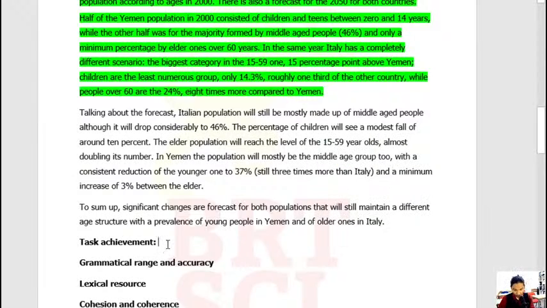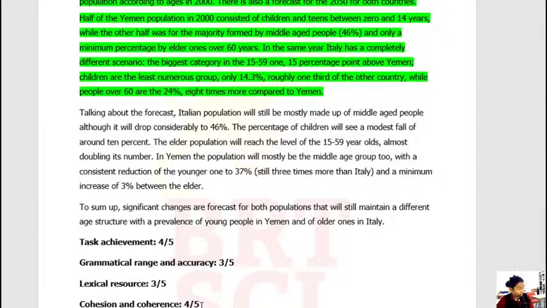Task achievement, I would say, is a good 4 out of 5. Grammatical range and accuracy, I would say 3 out of 5. Lexical resource... She can improve cohesion and coherence. So she gets a total mark out of 20.